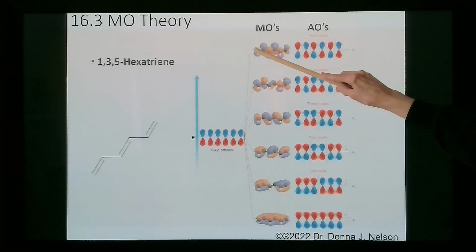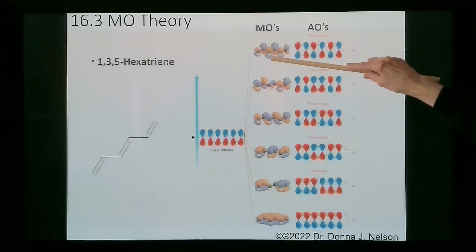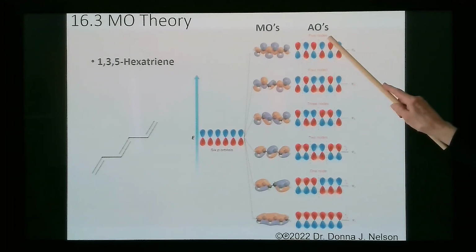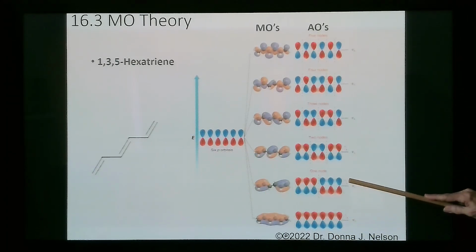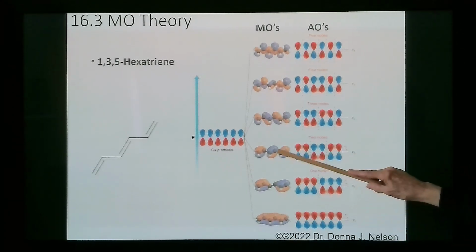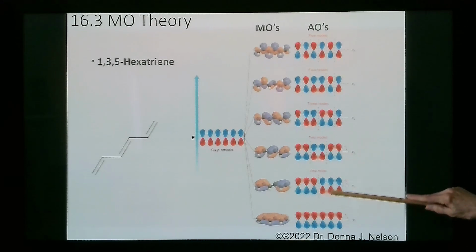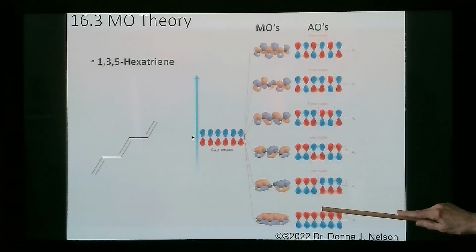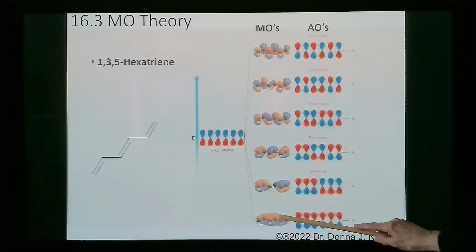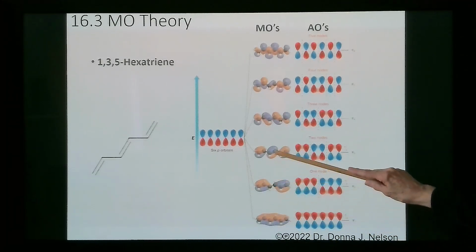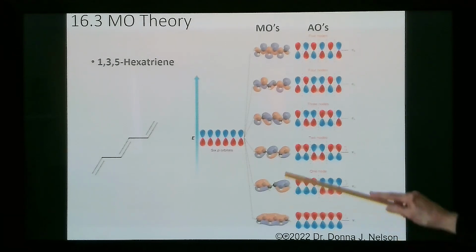This is the highest energy molecular orbital. This is the AO model of that molecular orbital. You have 6 pi electrons, 1, 2, 3, 4, 5, 6. So these 3 molecular orbitals, and these are the atomic orbital representations or approximations for the molecular orbitals, the 3 that are the lowest in energy, will each be occupied with 2 electrons.